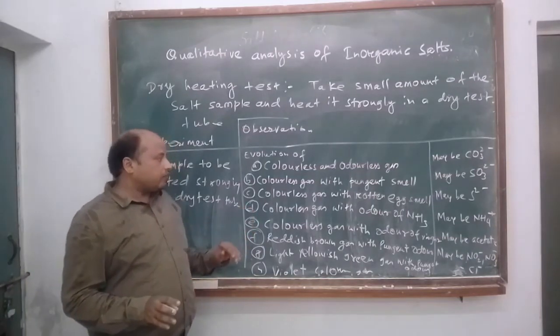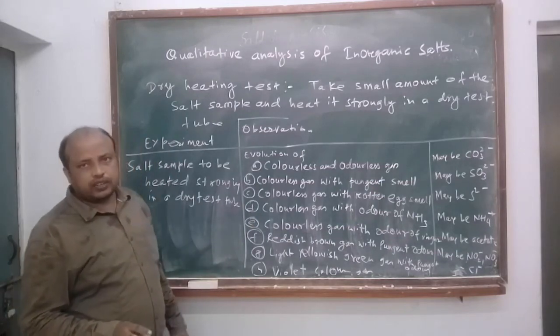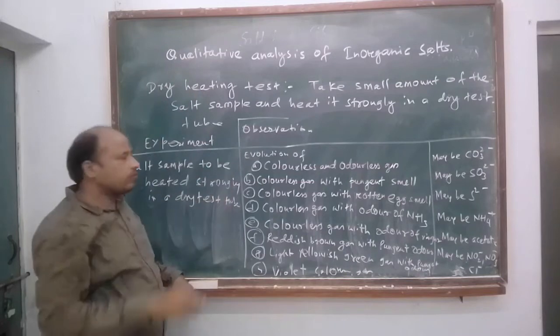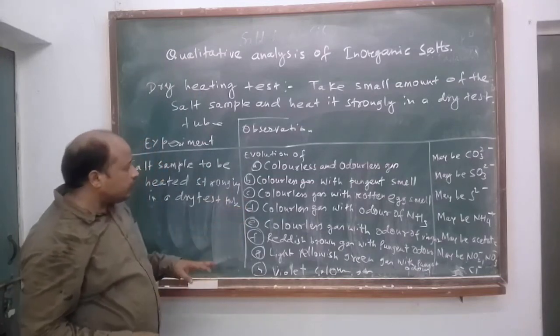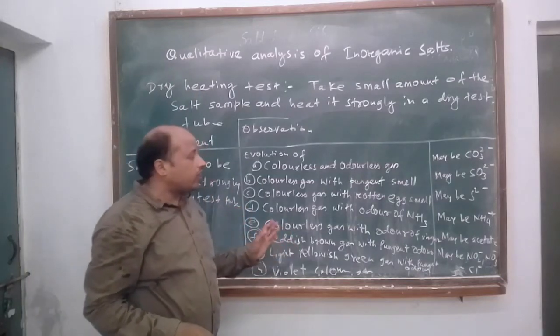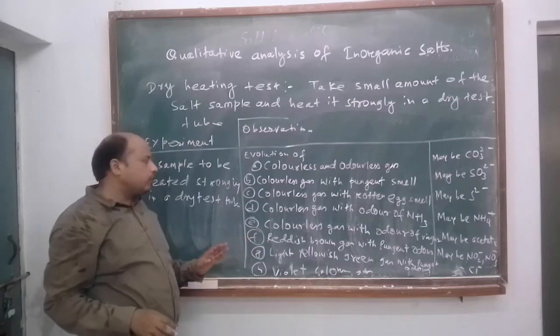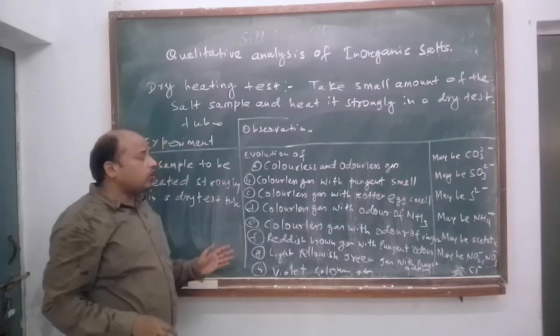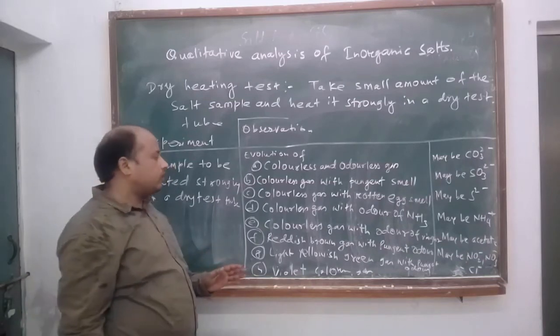If some colorless gas with rotten egg smell is observed, then it may be sulfide. If there is some colorless gas with odor of ammonia, then it may be ammonium salt. If some colorless gas is evolved with odor of vinegar, it may be acetate salt.